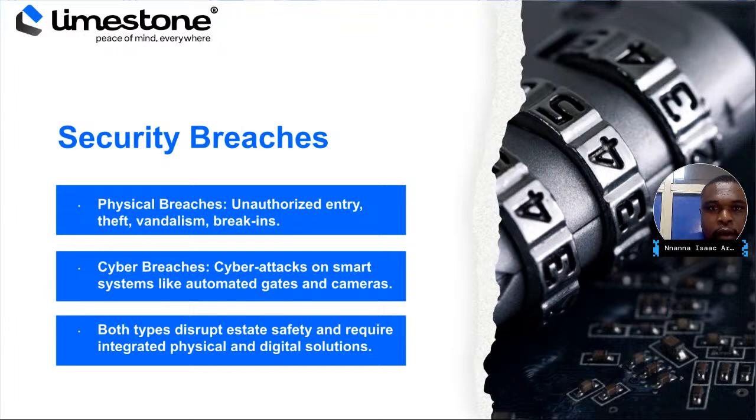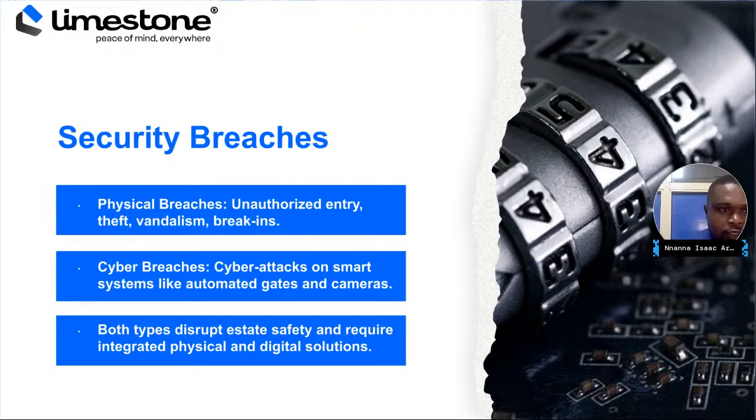We have to understand that we have physical breaches. Physical breaches entail unauthorized entry to our estates. For example, I remember one estate we are managing, that is Lakeview Estate. We were having a meeting with the estate, and before you know it, we saw a beggar in the estate, and everybody was disturbed to see such a thing, because the beggar came into the place where we were having a meeting to come and ask for alms.